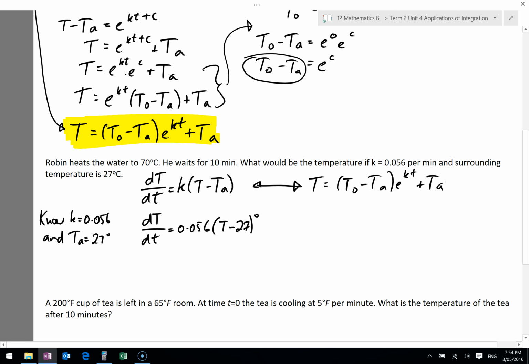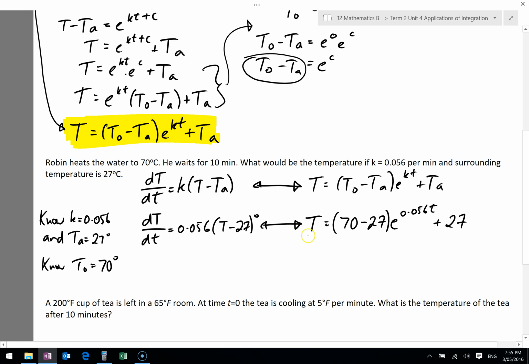Alright, so I also know that the initial temperature is 70 degrees, so I can convert this. Okay, my formula for temperature will be T equals (70 minus 27) e to the power 0.056t, plus 27.